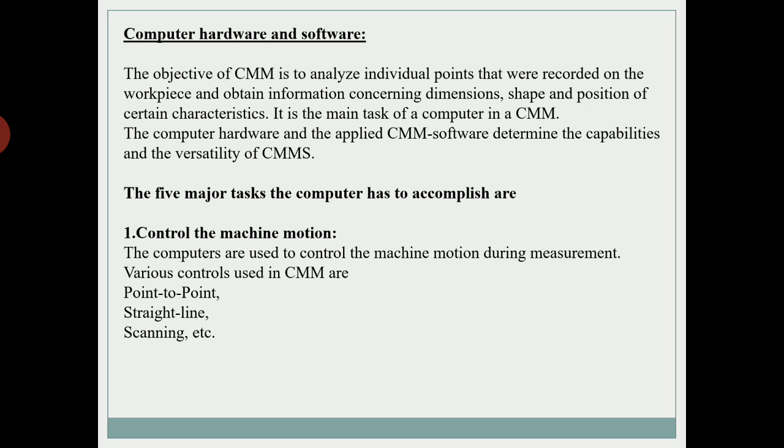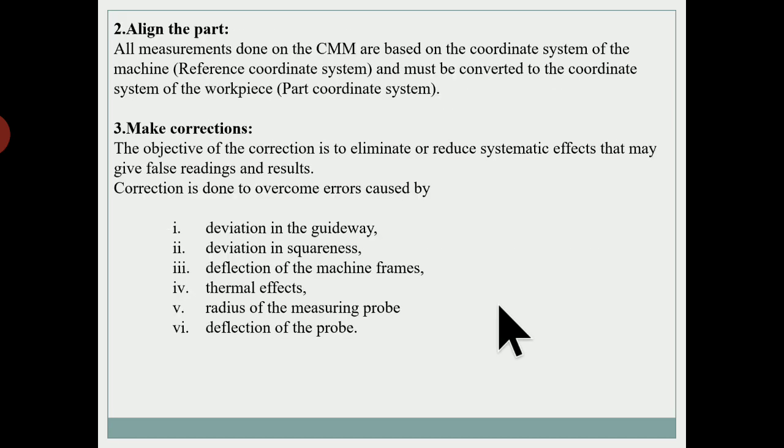The five major tasks the computer has to accomplish in CMM are: first one, control the machine motion. The computers are used to control the machine motion during measurement. Various controls used in CMM are point to point control, straight line control, scanning, etc. The second function of computer system is align the part.